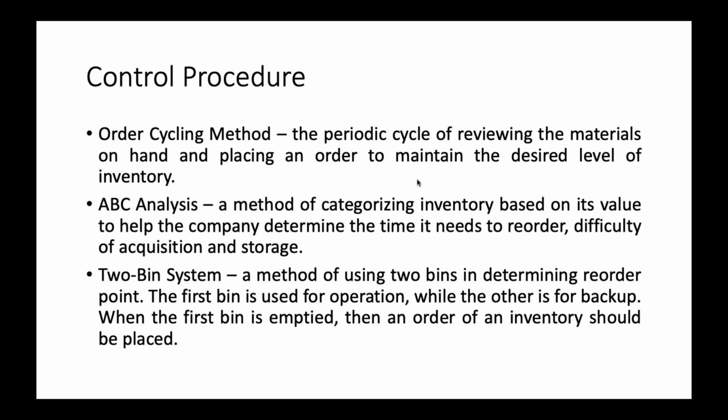Meaning, some materials are categorized as very important or high value or bulky, mga ganon. So, lalagyan mo siya ng category, alin yung fast moving or slow moving or small items or big items for you to know kung kailan dapat siyang orderin kasi alam mo kung alin dyan yung fast moving, alin yung slow moving.